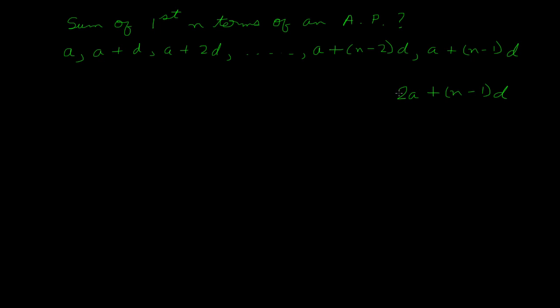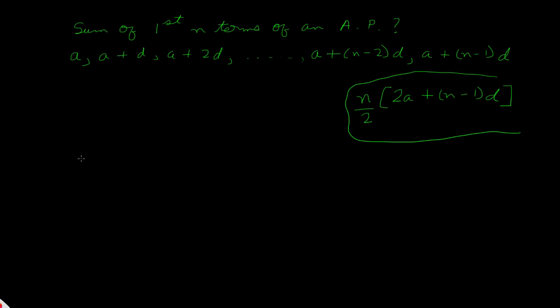So essentially what you would be doing is adding 2a plus n minus 1 d half the number of times, because till the time you reach the middle term, you would be adding that term with its counterpart and you would get 2a plus n minus 1 d. So the answer would be, we are adding 2a plus n minus 1 d, n by 2 number of times. So this would be the answer.